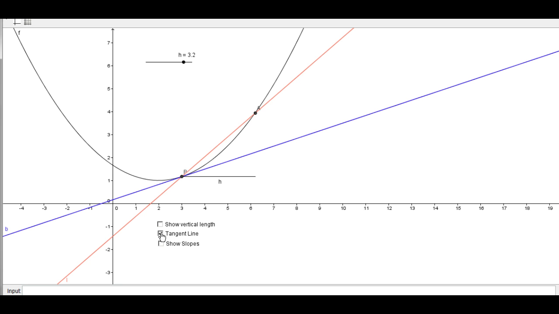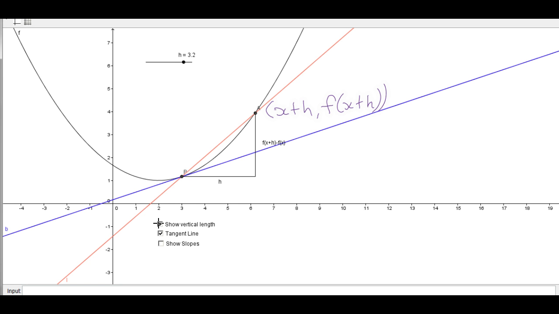And what we want to do is say, well, what happens as we move this closer? We've got h. So let's show the vertical length. This point here is the point x plus h, comma, f of x plus h.